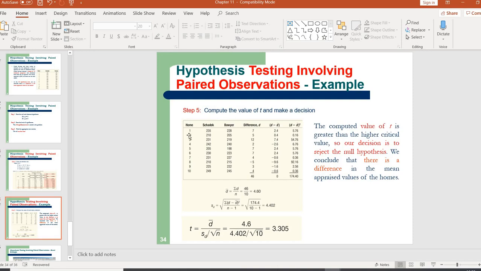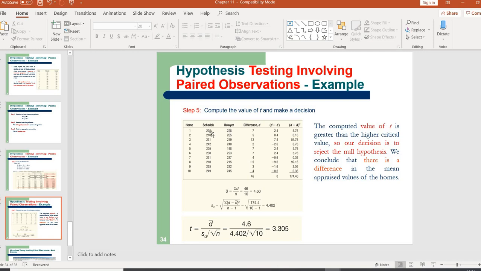I just repeated this table. Here you have the Shadek company's price for home 1, and Voya's price for the same home. To compute the difference, that's why we say mean difference, you take the Shadek price minus the Voya price.